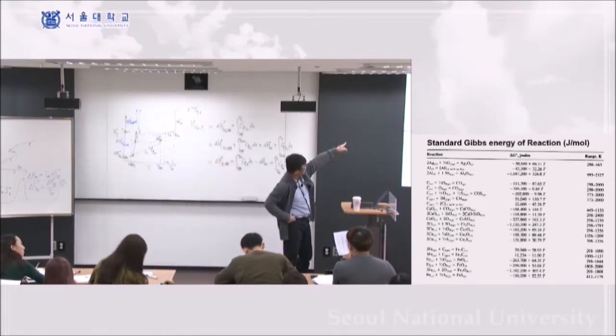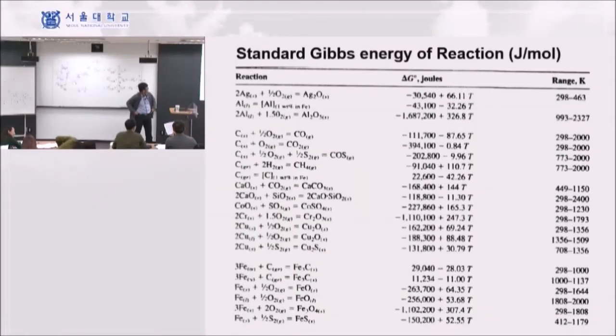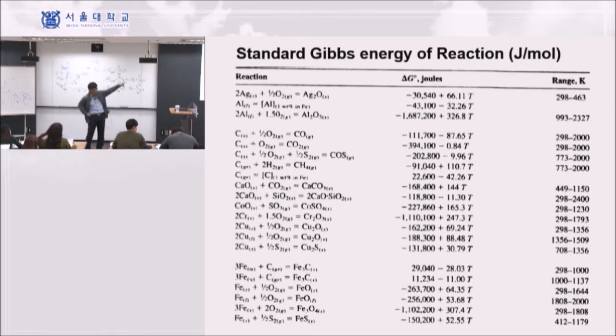In the very first one, this is the standard Gibbs energy of reaction. For example, any kind of reaction is written here, and then there's delta G. Let's take the very first one: 2 moles of silver, solid phase. This is very important, solid or liquid.